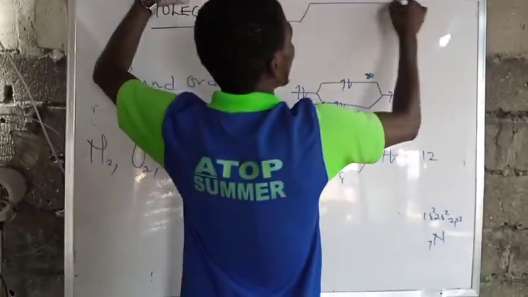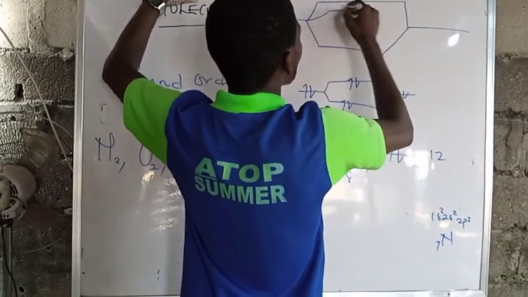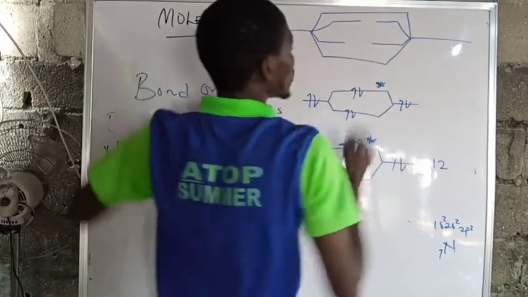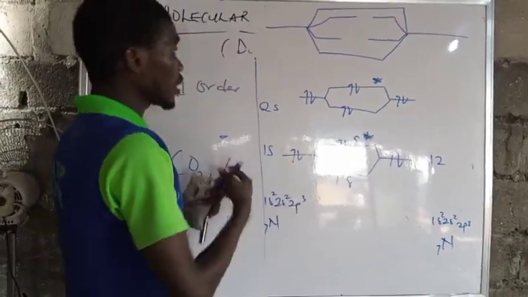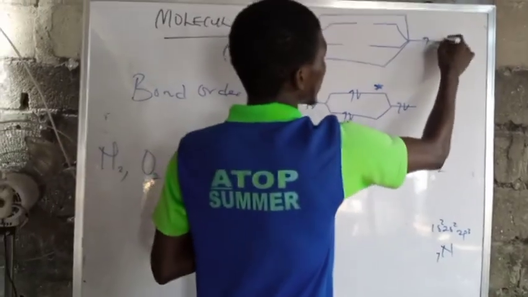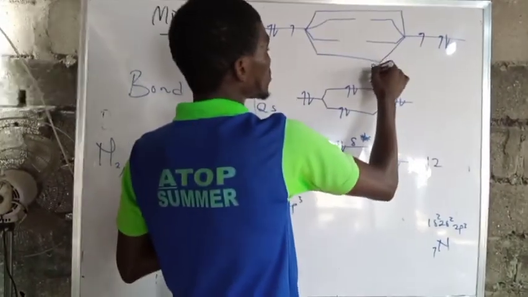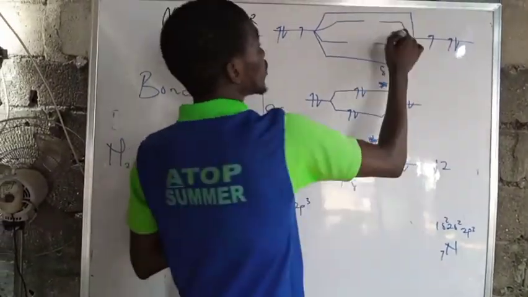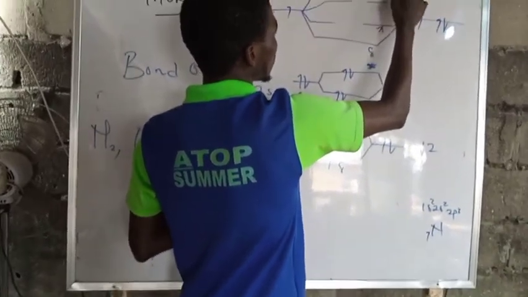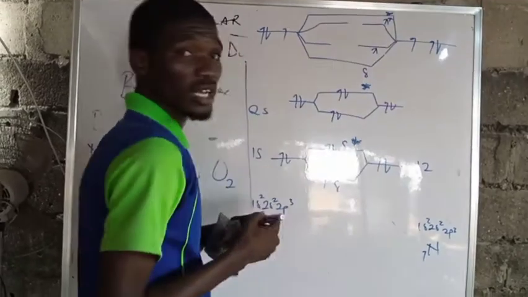We have this structure. So our 2p3, 1, 2, 3, 1, 2, 3, and here we have it to be sigma. Here we have pi asterisk. Here we have sigma asterisk out there.